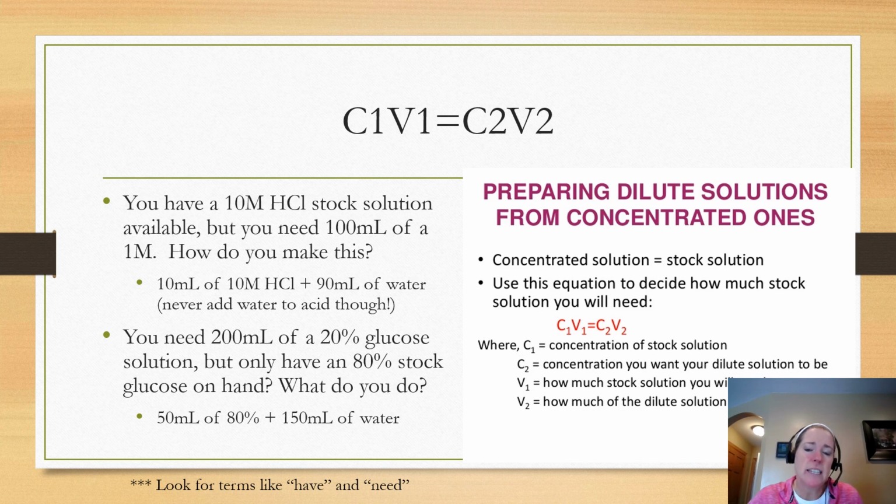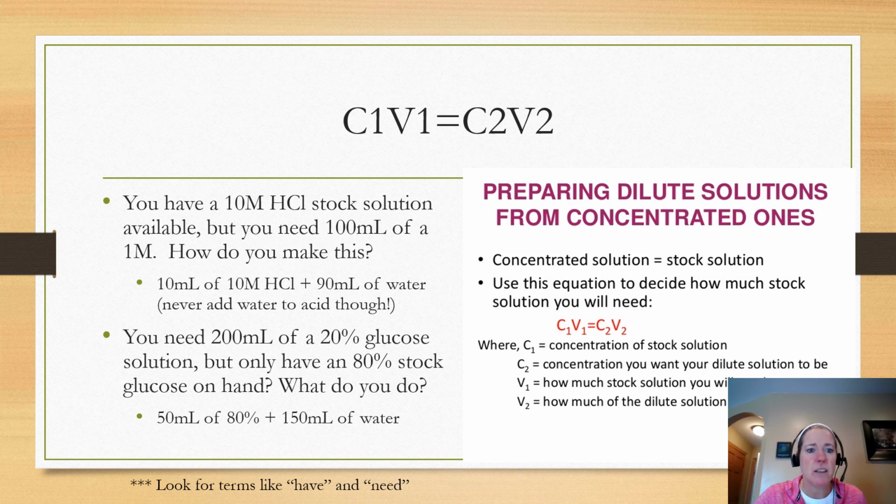Be able to calculate C1V1 equals C2V2, where you have the concentration of one thing and the volume of one thing equals the concentration of another times the volume of another. I always say you've got three things and you're looking for the fourth. So for example, here's what you have and here's what you need is usually what you see. You have a 10 M hydrochloric acid stock solution available, but you need 100 mL of a 1 molar, okay?